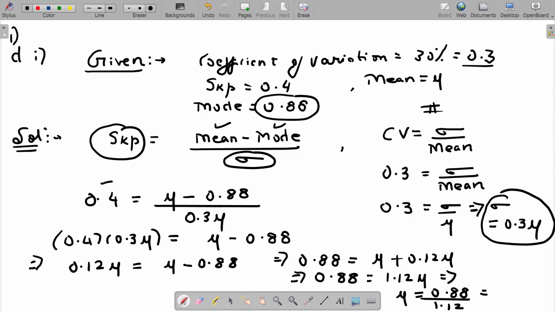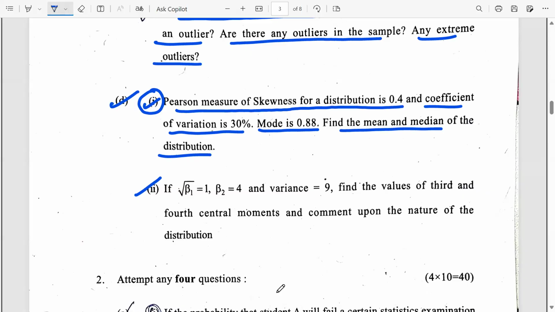Let me just check this again. So till here, this is correct. 0.4 into 0.3 mu is 0.12 mu is equal to mu minus. Okay, I think in the question it was 88. The mode was 88. Okay, please make this correction. I think there's something wrong in the paper.